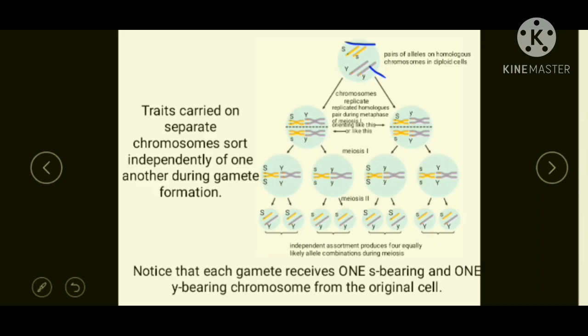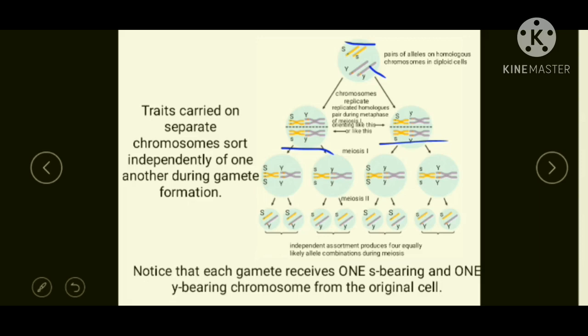So here there is a replicated homologous pair during metaphase of meiosis 1, oriented like this or like this. Traits carried on separate chromosomes sort independently of one another during gamete formation.